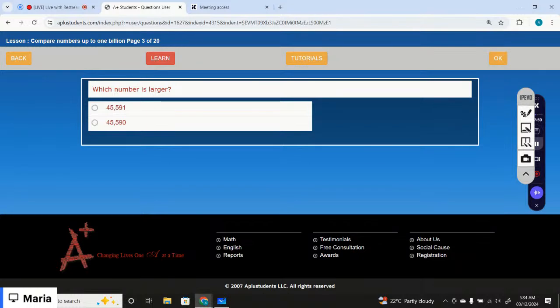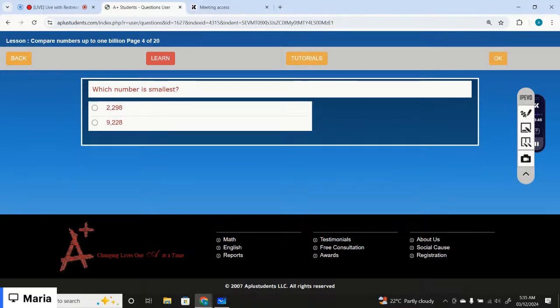Which number is larger, 45,591 or 45,590? That is 45,591. Option number 1 is the correct option.